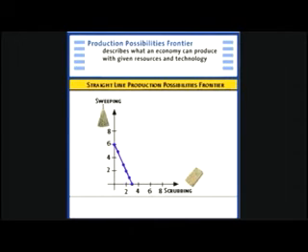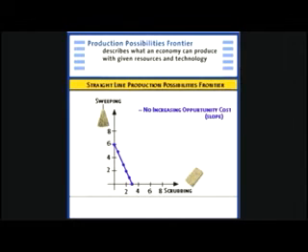There is no outward bow to Bernie's production possibilities frontier because there is no increasing opportunity cost. Anytime Bernie wants to sweep an extra room, it's going to take him 10 minutes. Anytime Bernie wants to scrub an extra room, it's going to take him 20 minutes. These are the assumptions that we've used to describe Bernie's technology.